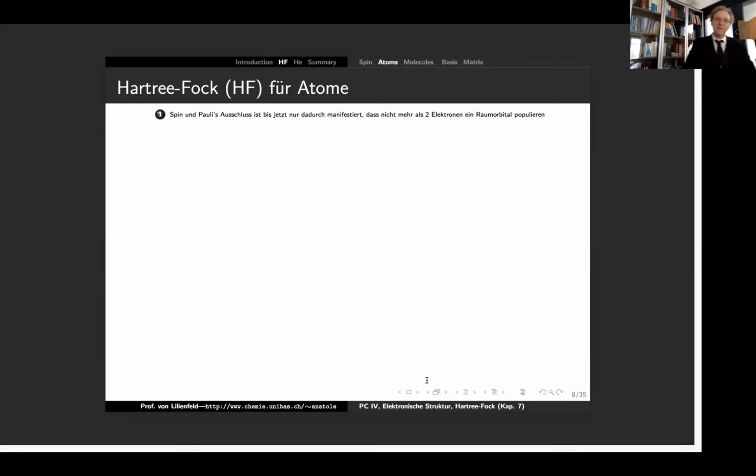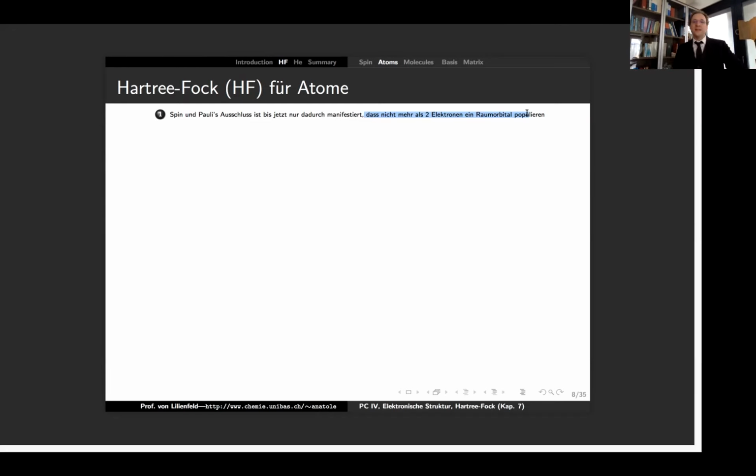And if you now go back to the atom, then we would see that until now, spin and Pauli's exclusion you have only taken care of by saying that there can be no more than 2 electrons per orbital. So basically Hund's rule, or the Aufbau Principle.